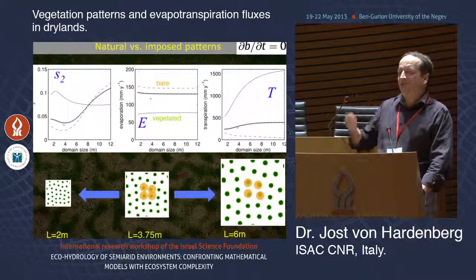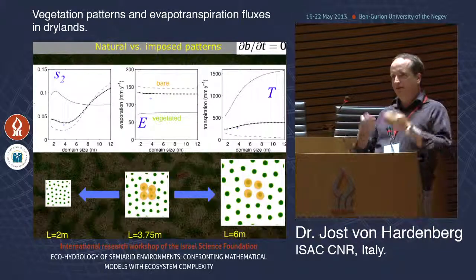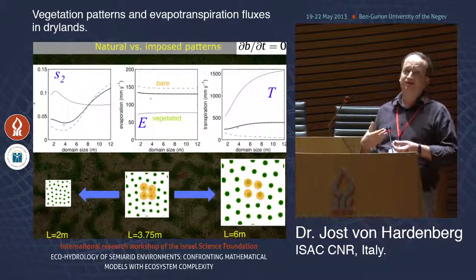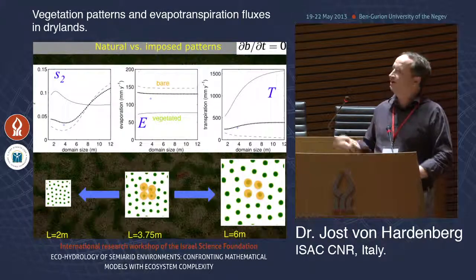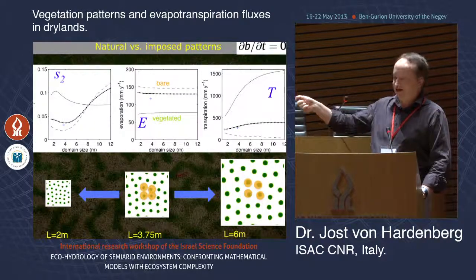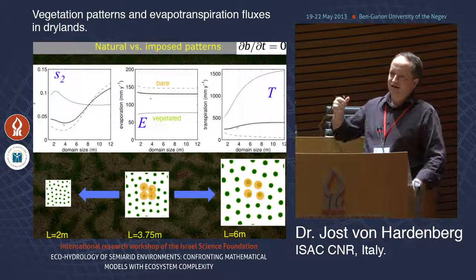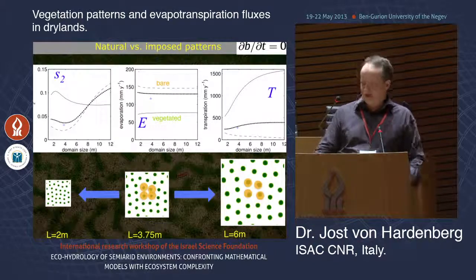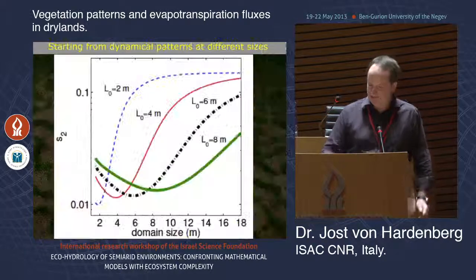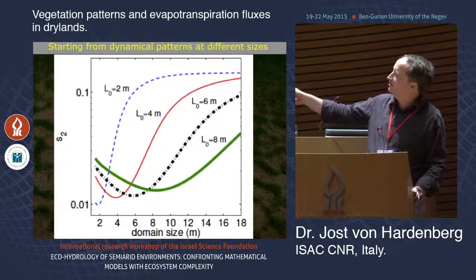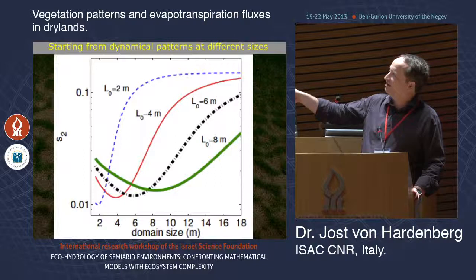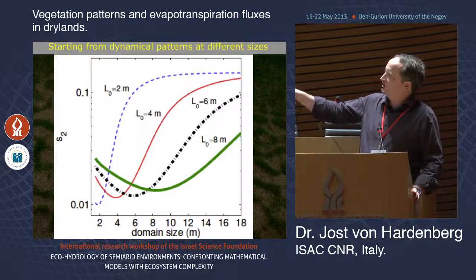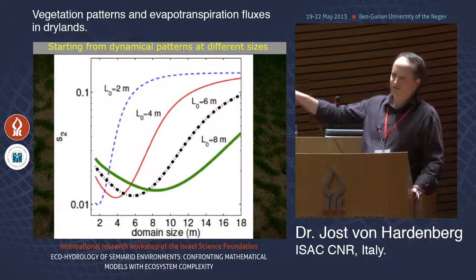And since after a precipitation event, due to the infiltration feedback effect, water is particularly available where vegetation is, this allows higher transpiration if the patch size is larger. So we have these two competing effects: increasing transpiration from vegetated areas, and a reduced pickup of water from the bare areas.